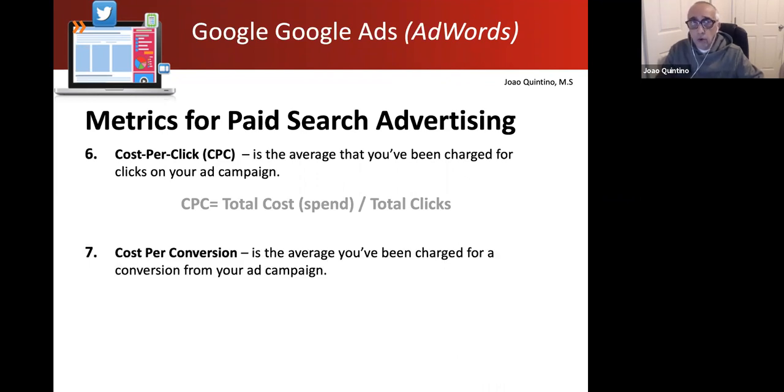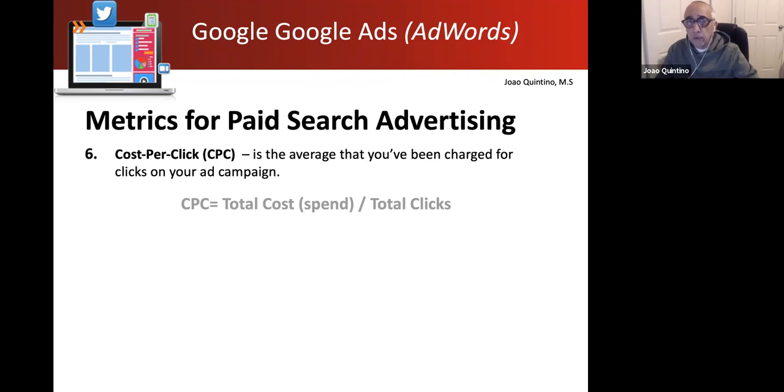Then you do total cost divided by clicks. You understand that? For cost per click, you divide what you spend by the number of clicks, and it gives you the cost per click. Usually the cost per click can be $2, $3, $5. It depends. But it's the total cost of your advertising divided by the number of clicks.